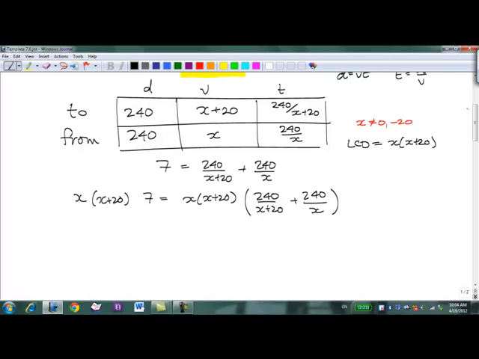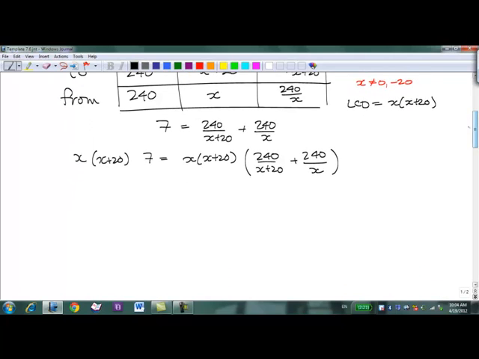So, very similar to last class, we're going to expand this. We have 7x squared. 20 times 7 is 140x. Let me distribute these two terms.